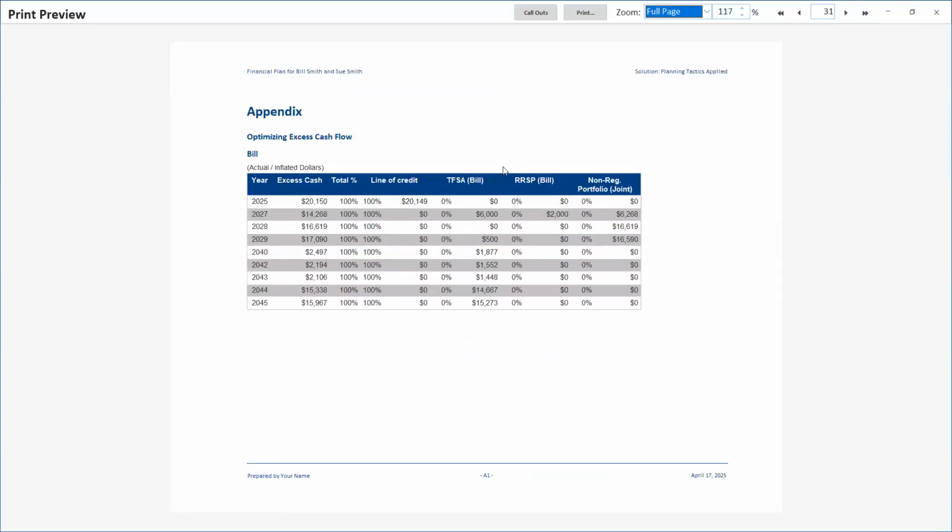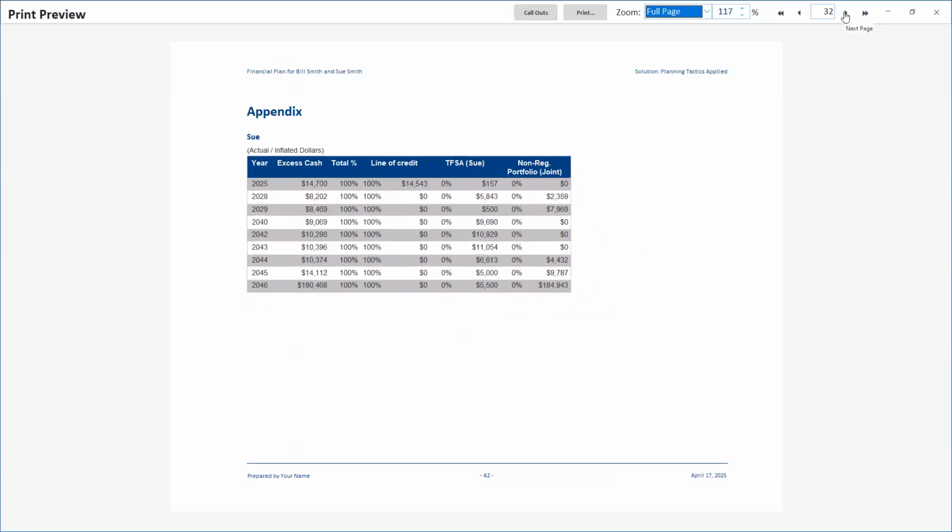And then in the appendix, where's the excess cash going to go? And what we see is for Bill, $20,000 of his excess cash, all of it is going into the line of credit. And then later, non-reg portfolios or TFSAs or whatever. And then in the case of Sue, $14,000 of her cash flow is going into the line of credit.